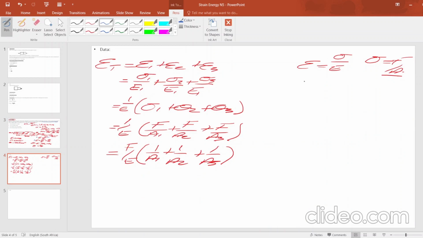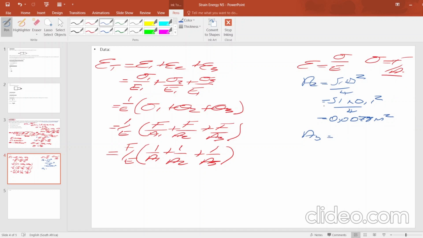Let's use a different ink there. For area 1, it is pi d squared divided by 4. We have pi multiplied by 0.1 squared divided by 4. Then we get our answer as 0.0078 meter squared. This is for area 2.